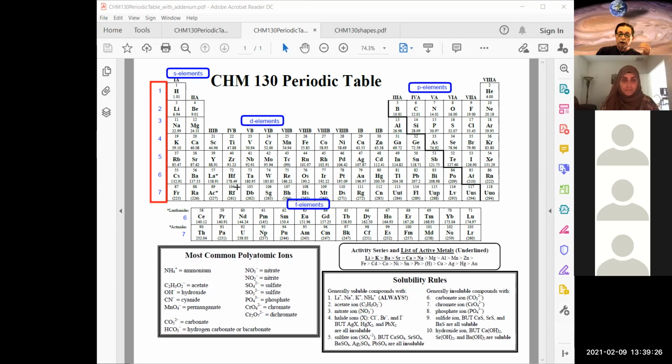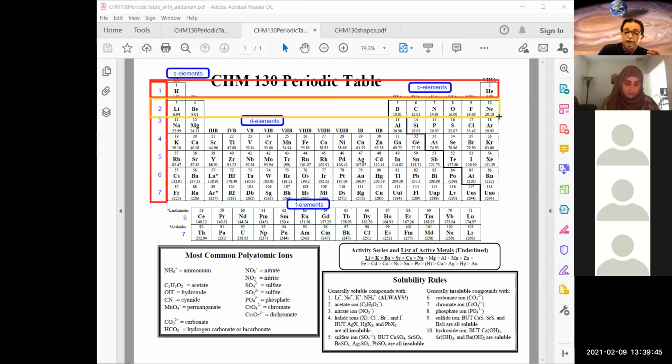Okay. And so 1 represents simply hydrogen and helium. Okay. The second energy level, you go across to lithium, all the way across to neon. Okay, let me change the color and give you the gist.